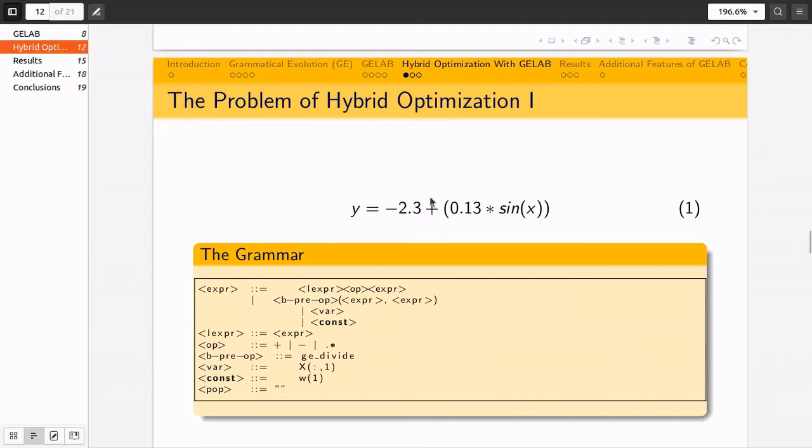However, to find the exact values of coefficients a and b, one needs to go a step further, and here the found computer program has to be augmented with a numerical optimization algorithm.